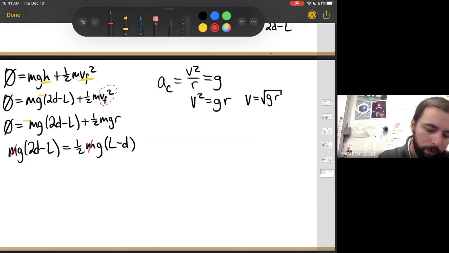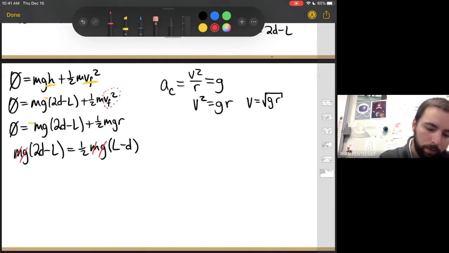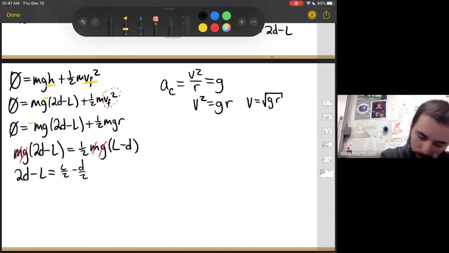G can also go away. So if we're just solving for the distance d, we already have 2d minus L equals, I guess it'd be L over 2 minus d over 2.